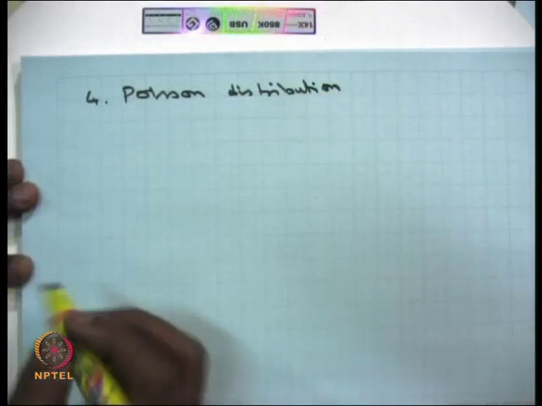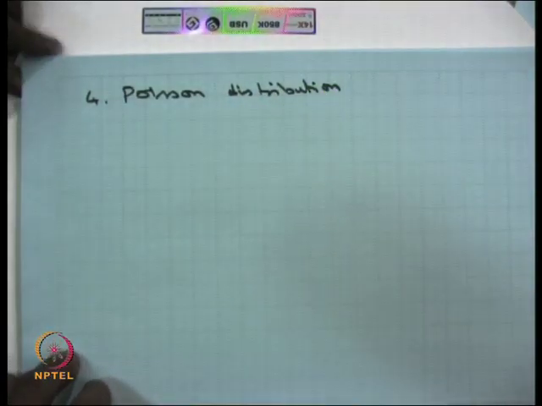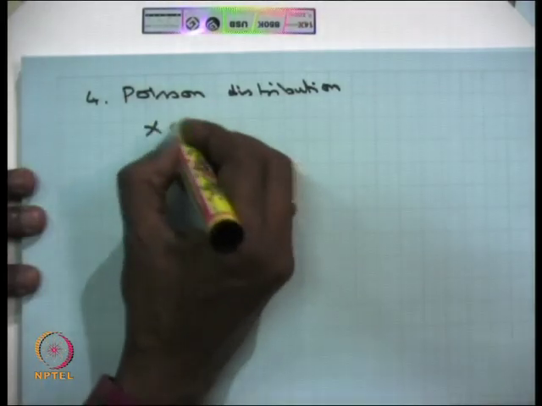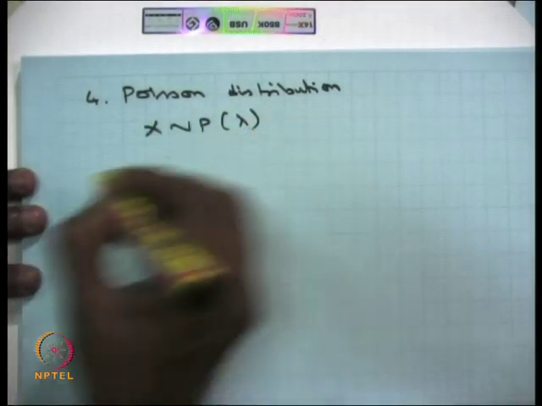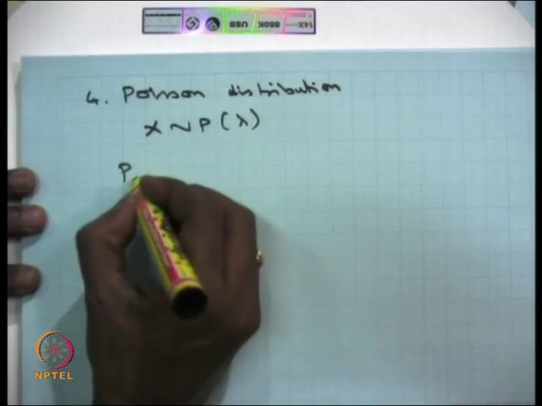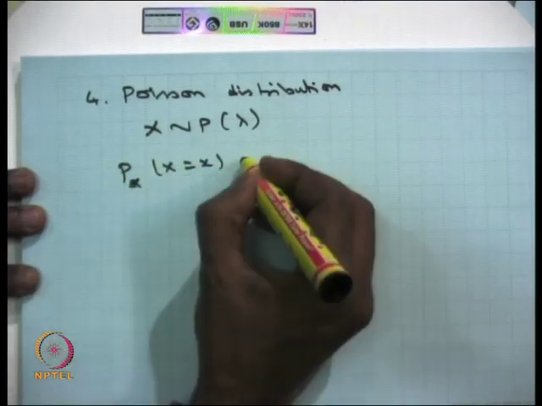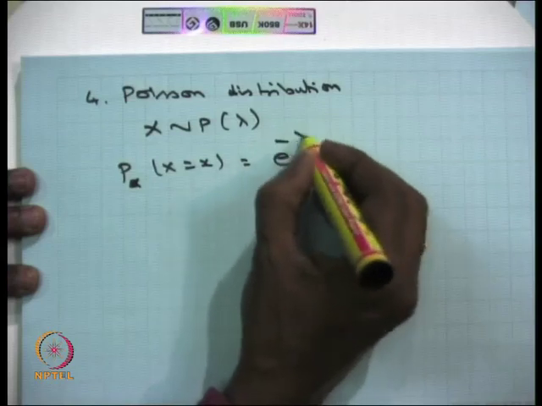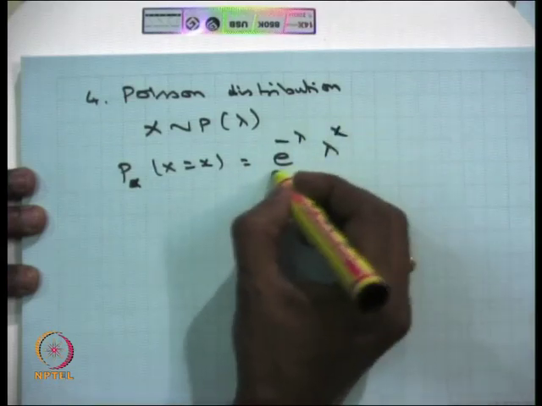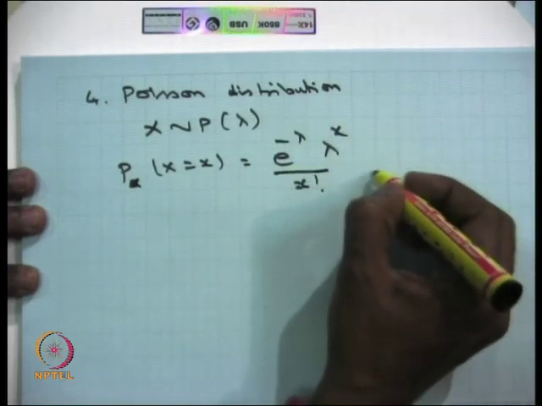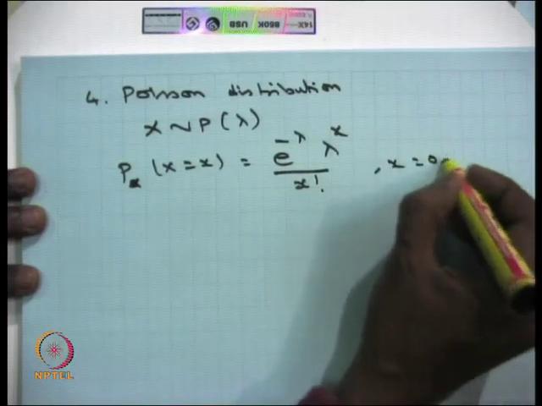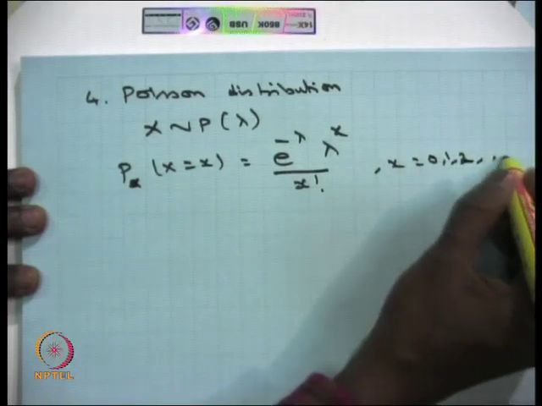We say the discrete random variable x is Poisson distributed with the parameter lambda if the probability mass function for the random variable x is of the form e power minus lambda, lambda power x divided by x factorial, where x can take the values 0, 1, 2 and so on.